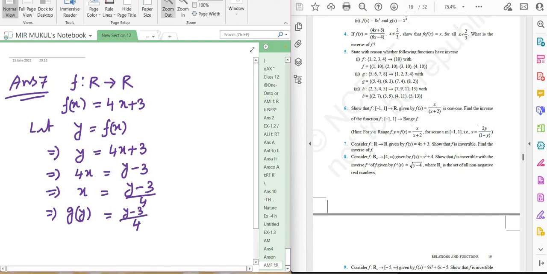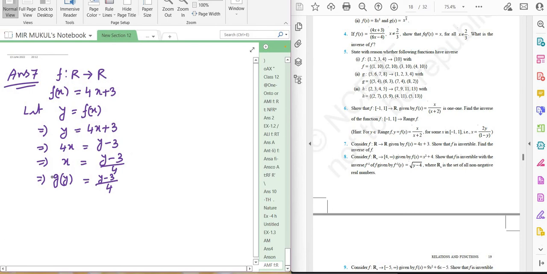Right. Now check whether g is the inverse of f or not. So find gof of x, so g of f(x). So g of f(x) is g of 4x plus 3.